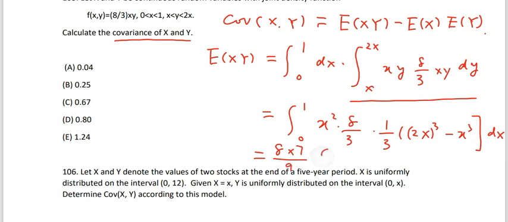Then this is x squared times x cubed, so x to the fifth. The integral of x to the fifth is 1 over 6. So finally the answer is 8 times 3 over 9 times 6.